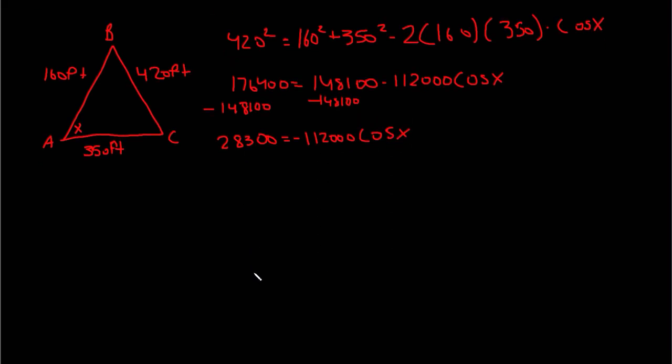Then we are going to divide each side by negative 112,000 in order to be left with just the cosine of x.